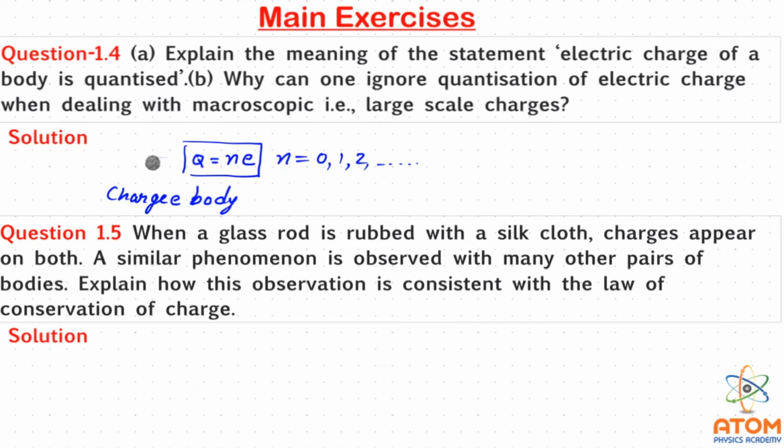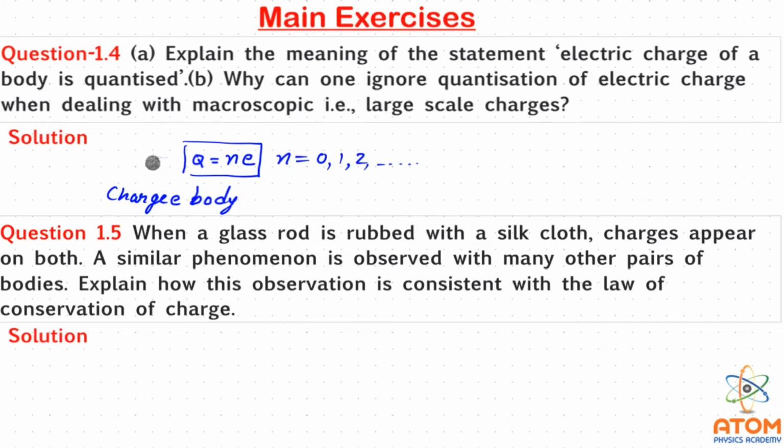Now this number of electrons will always be an integer value. There cannot be half an electron; it's not possible. So all the electrons will be in integer value. That's why the total charge on that comb will also follow the equation Q is equal to Ne. So that charge is also quantized.